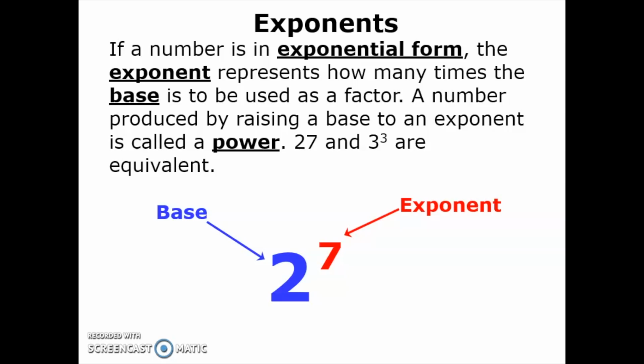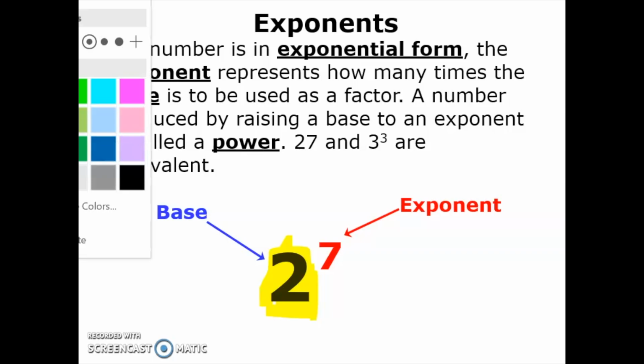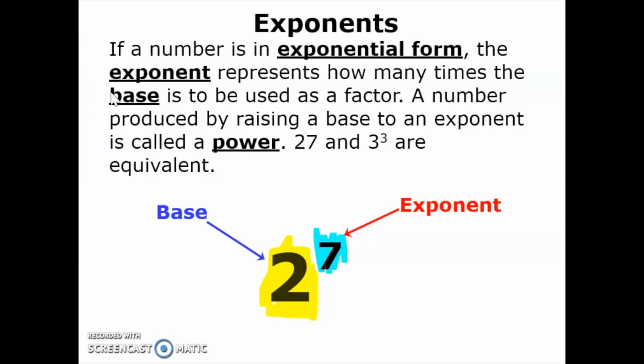So I know we've used exponents in this class before, but it's also important that we know the vocabulary. So when we're looking at a number that has an exponent, the number that's being repeatedly multiplied, so in this case the 2, that's called the base. And then the exponent is actually the smaller number above, and that tells us how many times to multiply.